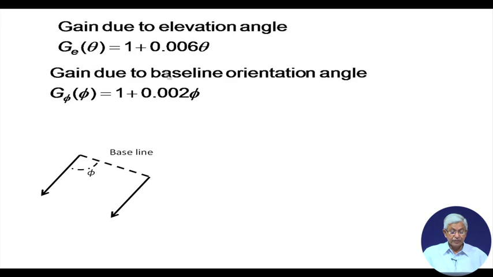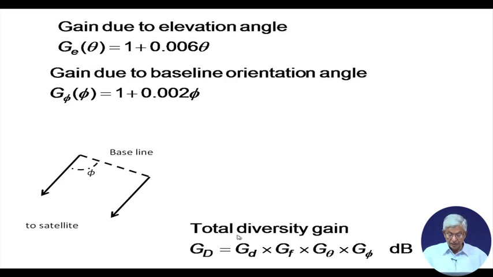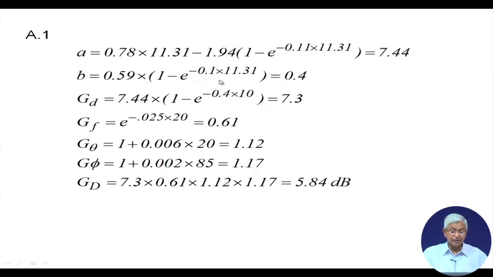Okay. So, we have 4 different types of G, and the total diversity gain will be GD, GF, G theta and G phi. All the expressions are already given. If we put in all these expressions and the corresponding given values, we first find A, where 11.31 is the single site attenuation, and here also 11.31.